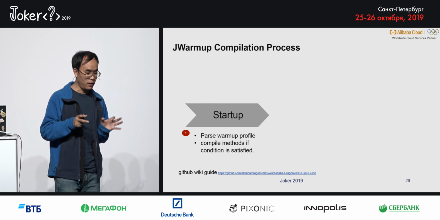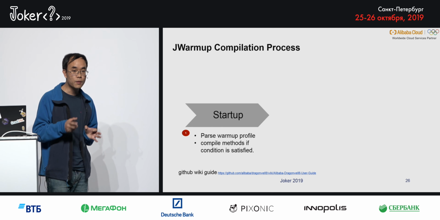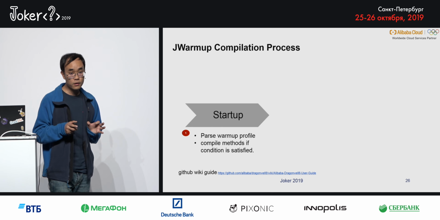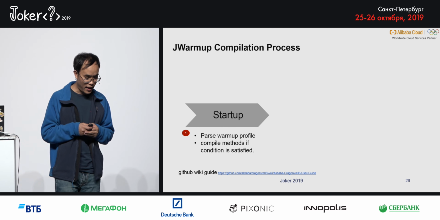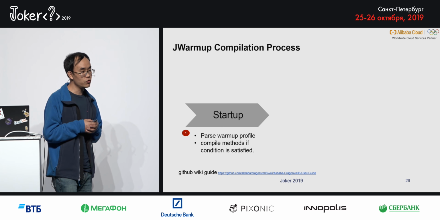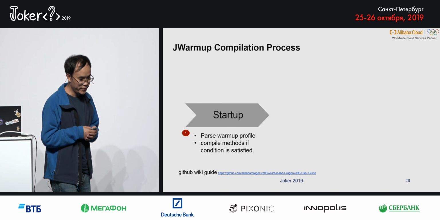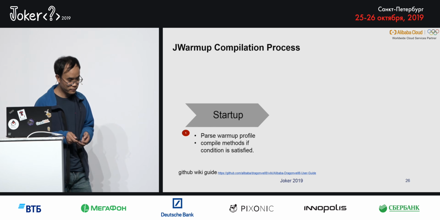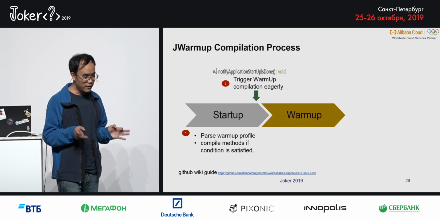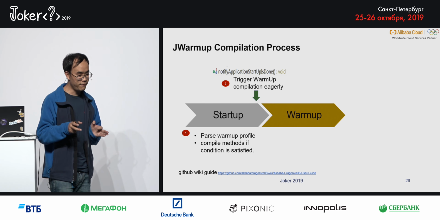After the parsing is done, the JVM will pre-compile methods if the dependencies are satisfied. This is the first step. Based on our experience, most of the hot methods would be compiled in this phase. After that, the application will call this API to notify the JVM.